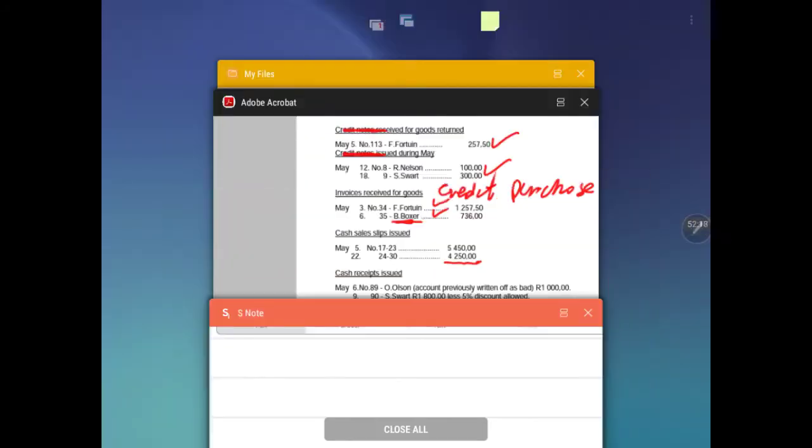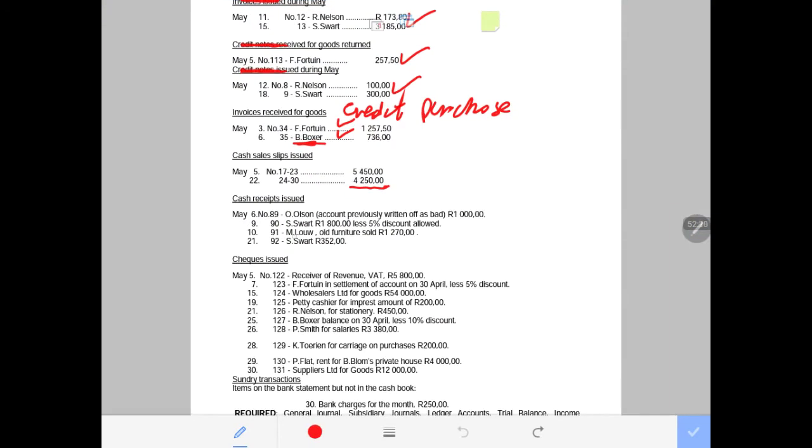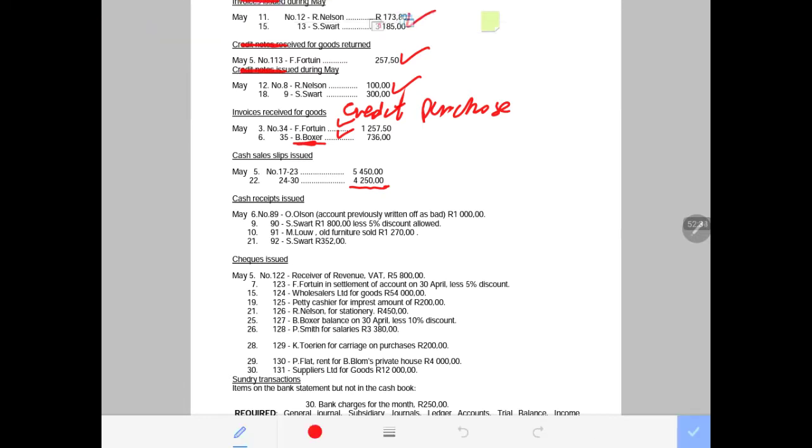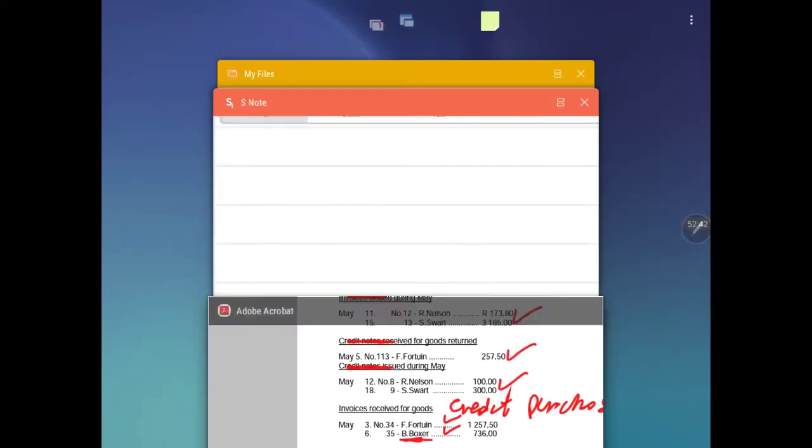Then we come to the next transaction. Next one, it is Swart 1,800 less 5% discount allowed. Meaning this customer has paid us, and after he has paid us, we are now giving him a discount of 5%. So now it is very important to be mindful of what I will be explaining here.